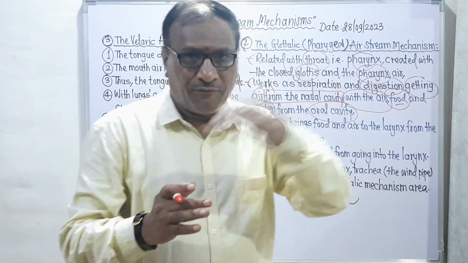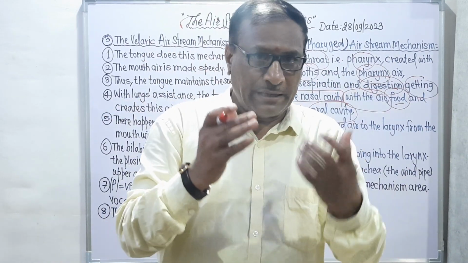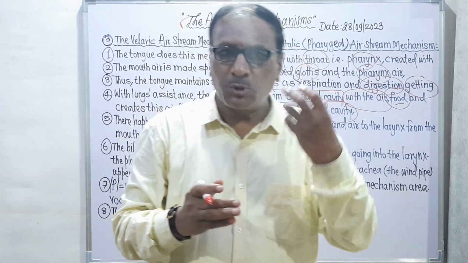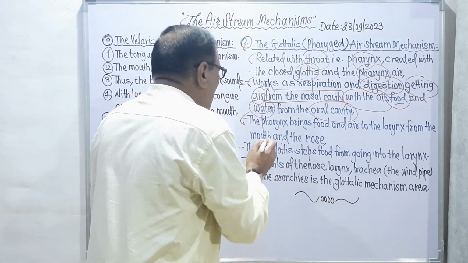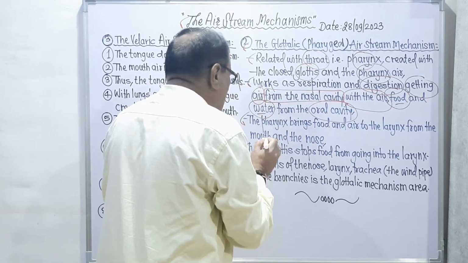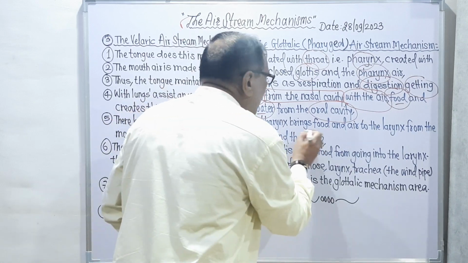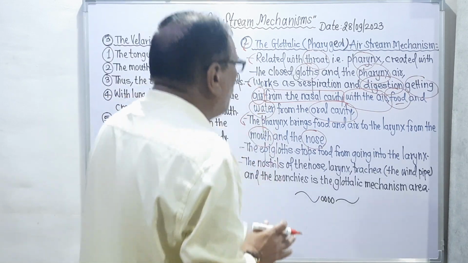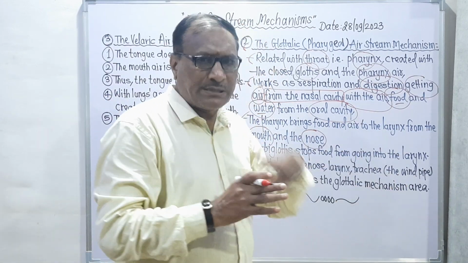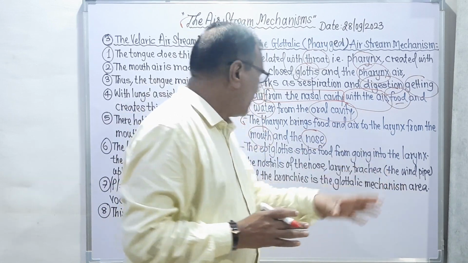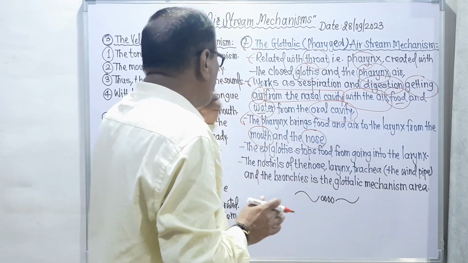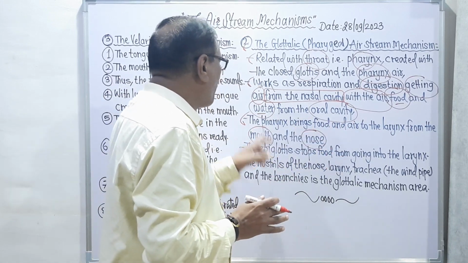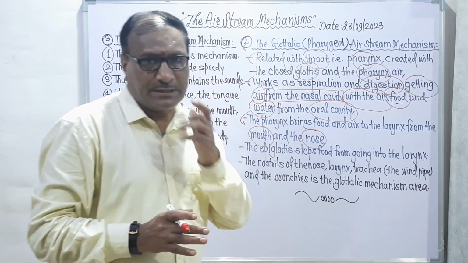These are two sections of our body which are very much useful. Remember, this pharynx takes the food and air from the mouth and the nose system.